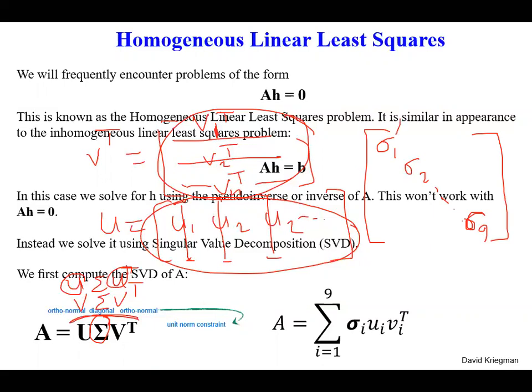Sigma 1 will be the largest and sigma 9 will be the smallest, going in decreasing order from sigma 1 to sigma 9. Also, you can write A in this form as the summation of sigma i multiplied by U i and then V i transpose, which is exactly the same thing.